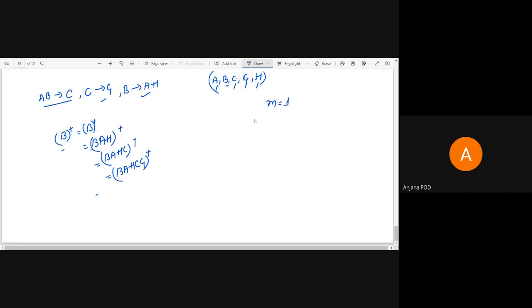Now we need to find the super keys. Other than B, there are four attributes, right? If you remember, any possible combination of the candidate key with any other attribute can be a super key, right? For example, if we take AB, I'm getting ABC, ABCG, and ABCH as super keys.